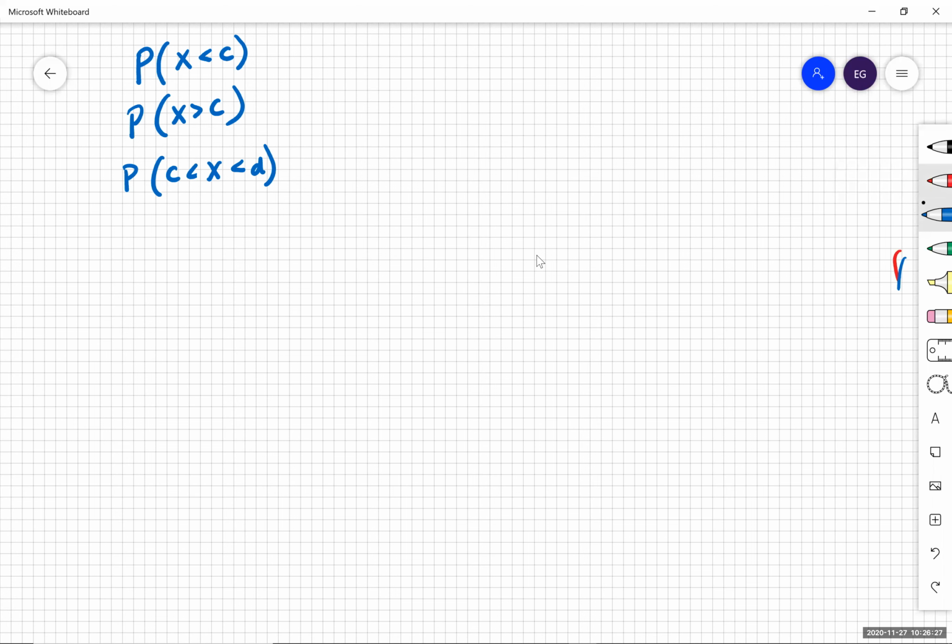Okay, so in those situations, you could use X values or Z scores. It's up to you. My advice has been, every time we bring this up, if the original problem uses X values, use X values.